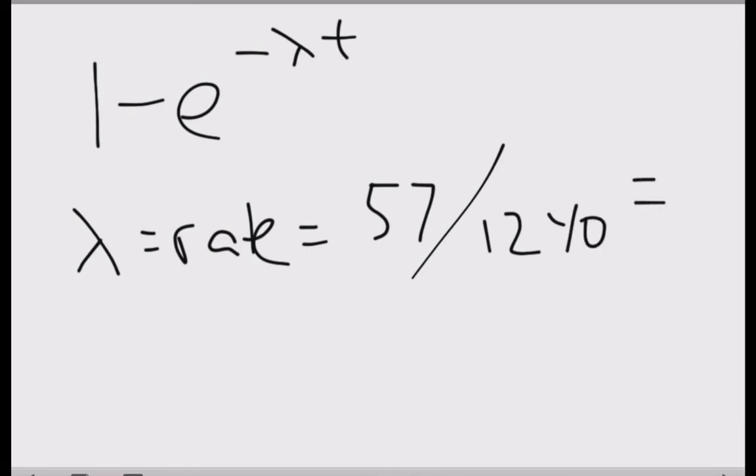And that would work out to about 0.045. This would be our lambda, that would be our rate. If we wanted to calculate that, we would calculate 1 minus e to the minus 0.05, give or take. I actually have that calculation up here in R.